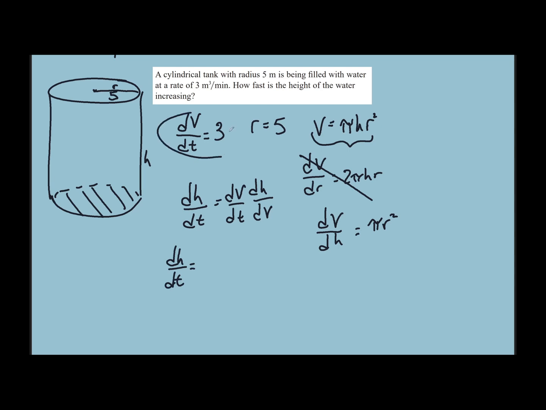dV/dt they give us is 3. And dH/dV is 1 over pi r squared. We know r, so that would be 1 over 25 pi, because this is the inverse of dV/dH.